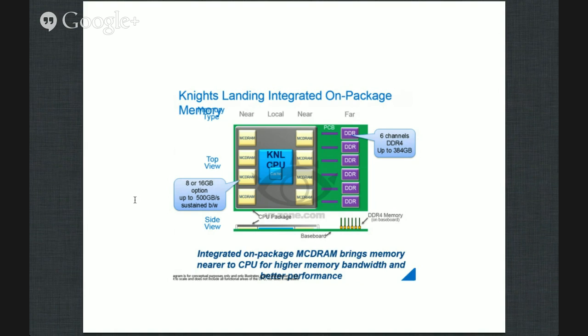Okay, any questions? I have two quick questions. The first question is, what is new in Intel MPI version 5?